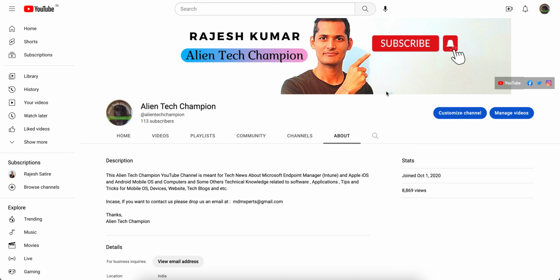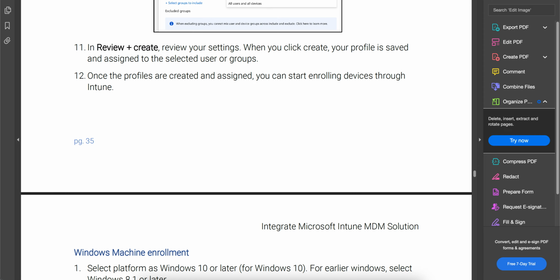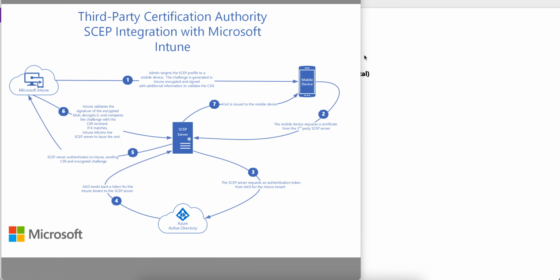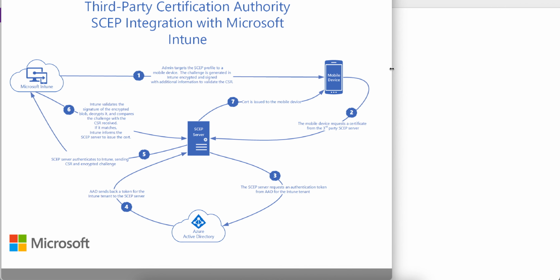Okay, so today in this video I am going to show you, if you have a plan to use a certificate authority, the detailed flow of how you can integrate a third-party SCEP server.